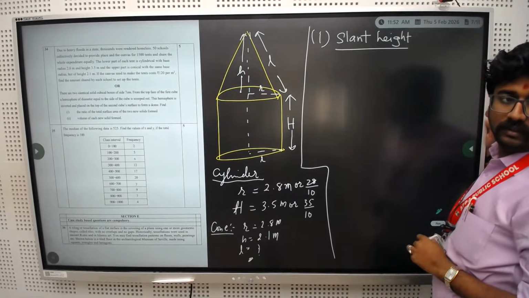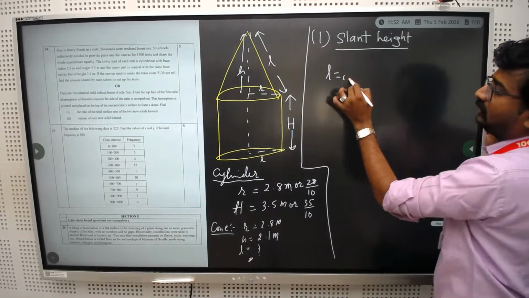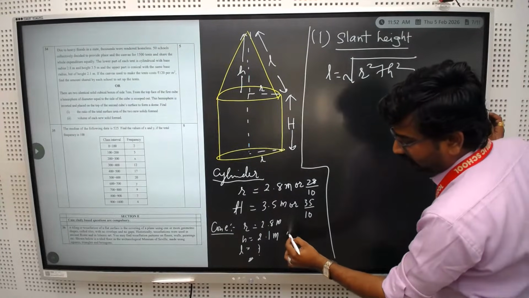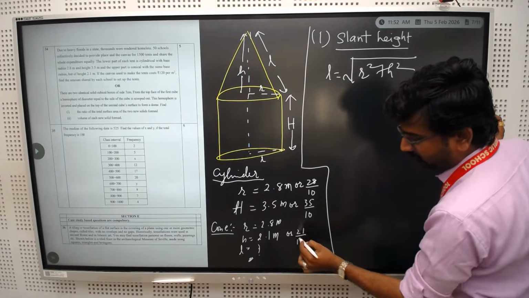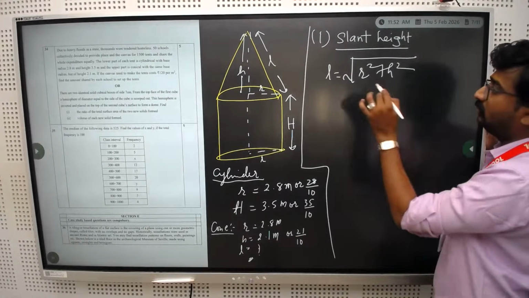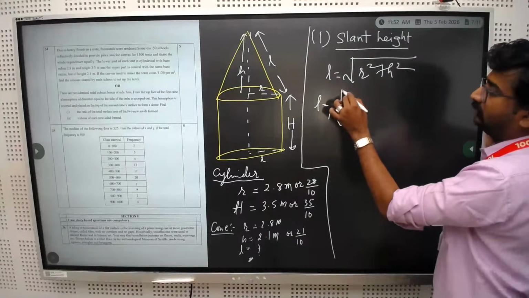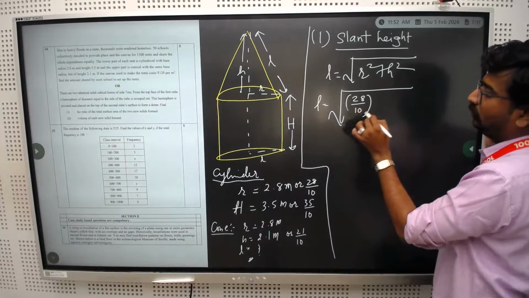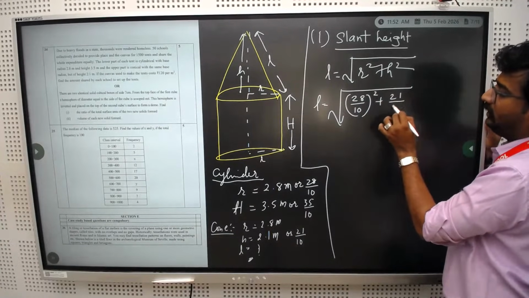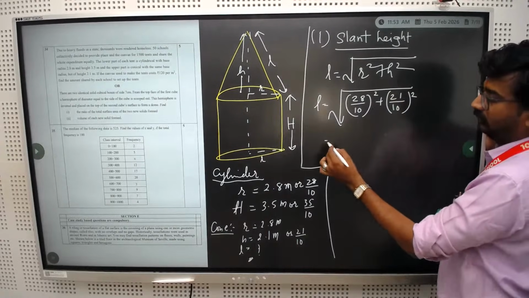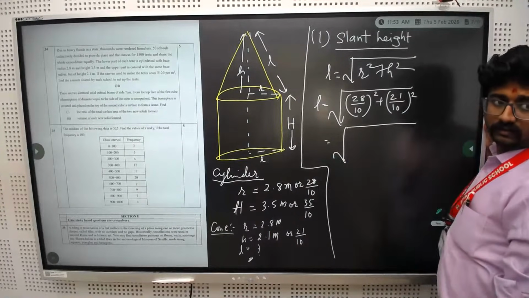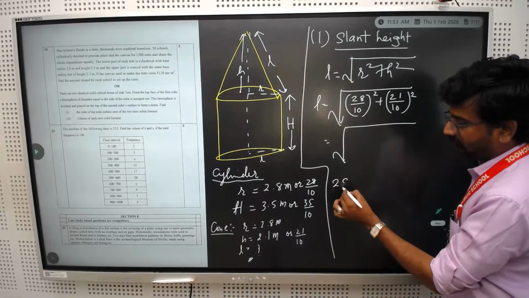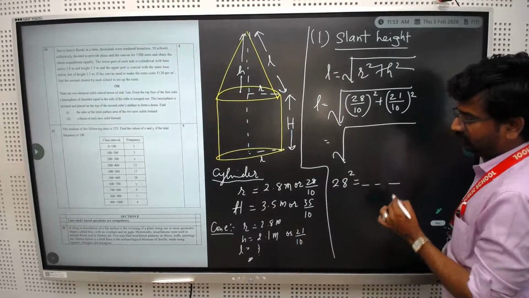What is the slant height formula? L is equal to under root r square plus h square. This h, can I write it as 21 by 10? Okay. Now listen. Don't write anything. Radius 28 by 10 whole square. Height 21 by 10 whole square. 28 square is 784. Those who don't know, apply this method. 28 square.